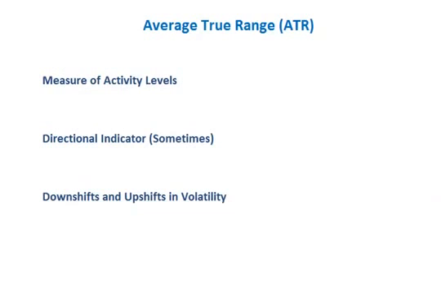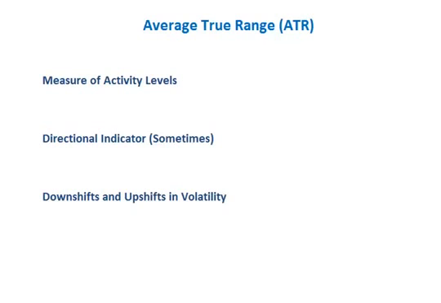The first thing to assess: there are three general states that the ATR can be used for to improve our trading. One, it measures simply activity levels. It's important to realize it has this measurement ability.